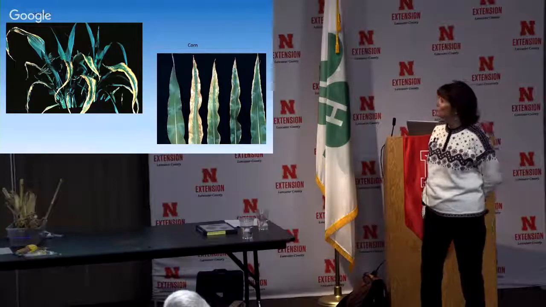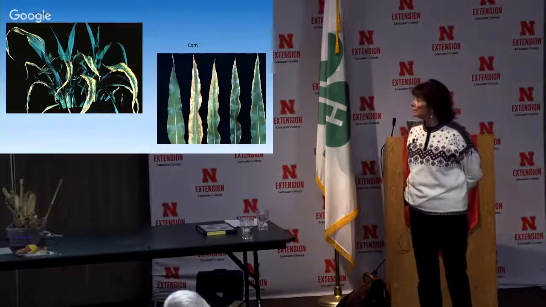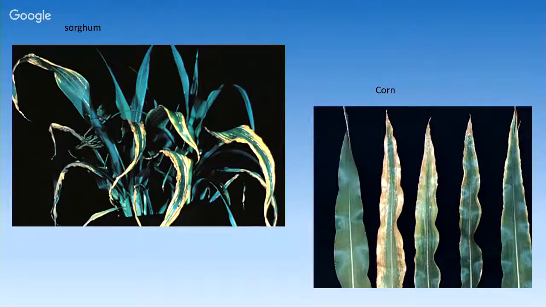This is in sorghum, and in this case, with the sorghum, you see the browning, but you also see the yellowing, and it looks sort of interveinal. It looks like the green veins are still holding out. Corn, again here, it varies, and it varies because we're talking water uptake, and not each leaf in the plant gets the same amount of water at the same time.